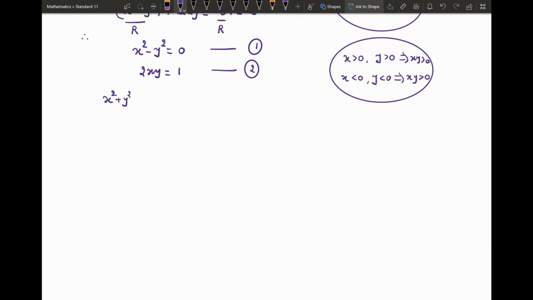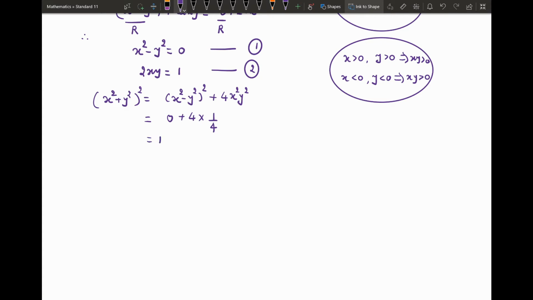Now again we use the identity x square plus y square whole square. This can be written as x square minus y square whole square plus 4 x square y square. X square minus y square is 0, plus 4 into xy, that is 1 half, so x square y square.